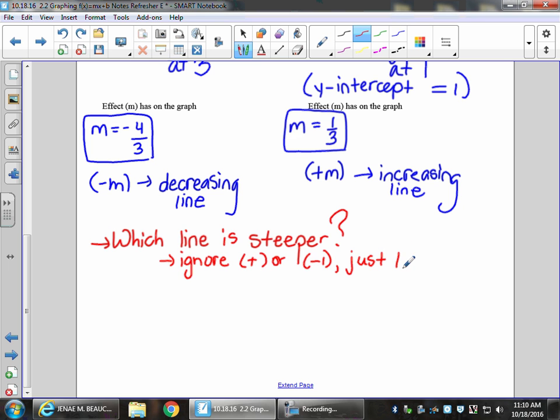Just look at what? The numbers. So if I ignore positive and negative, what do I have for this line? 4/3. Can somebody get me the decimal of that? What is 4 divided by 3? 1.33, and it keeps going? Ignoring the fact that this is positive, just give me the number. 1/3. What does that equal as a decimal?